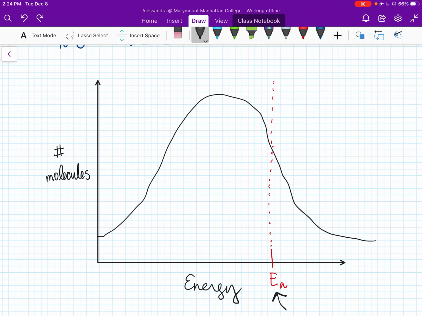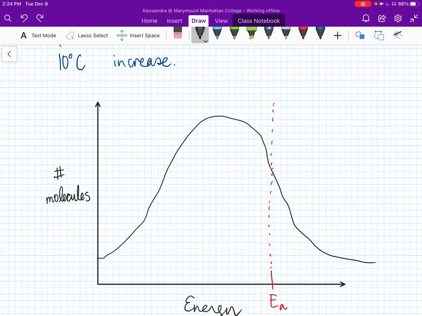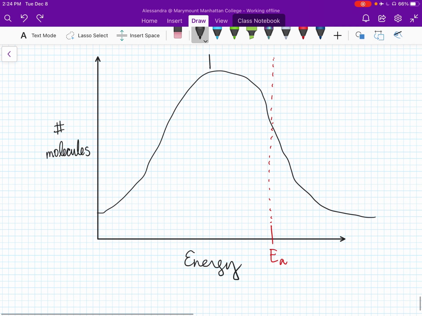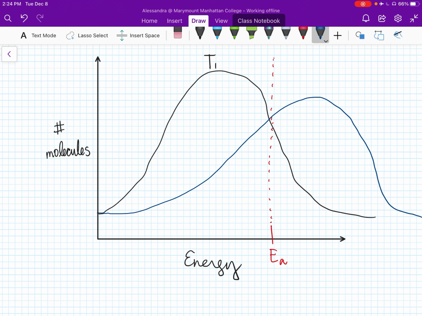Let's say that this is temperature number 1. Now, if I jack up the temperature to a higher temperature, the distribution of the energies of the molecules is going to change. Now, more molecules are going to have higher energies.